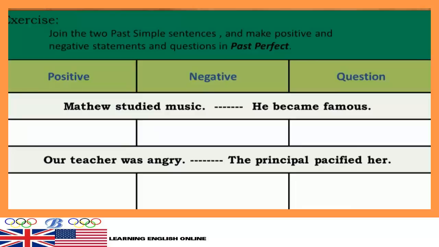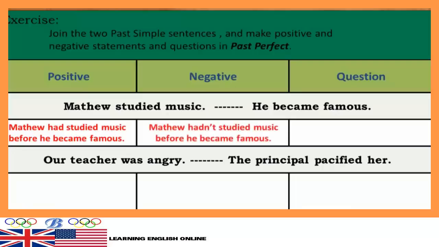The correct positive statement should be: Matthew had studied music before he became famous. The negative sentence is: Matthew hadn't studied music before he became famous. And the question is, had Matthew studied music before he became famous?